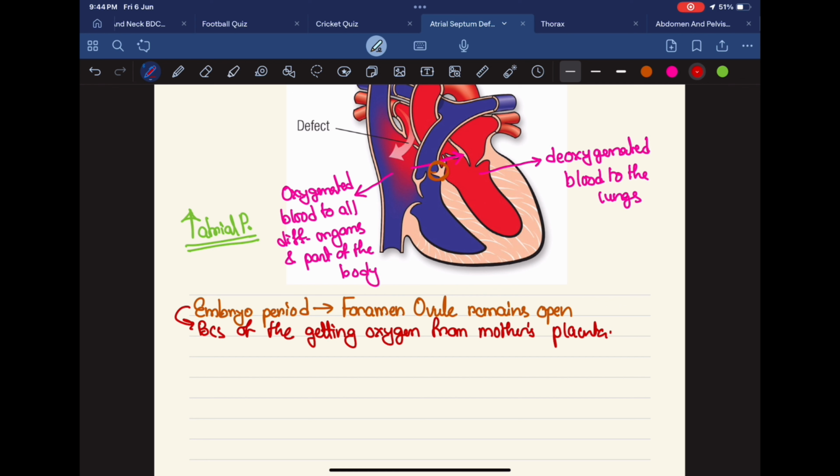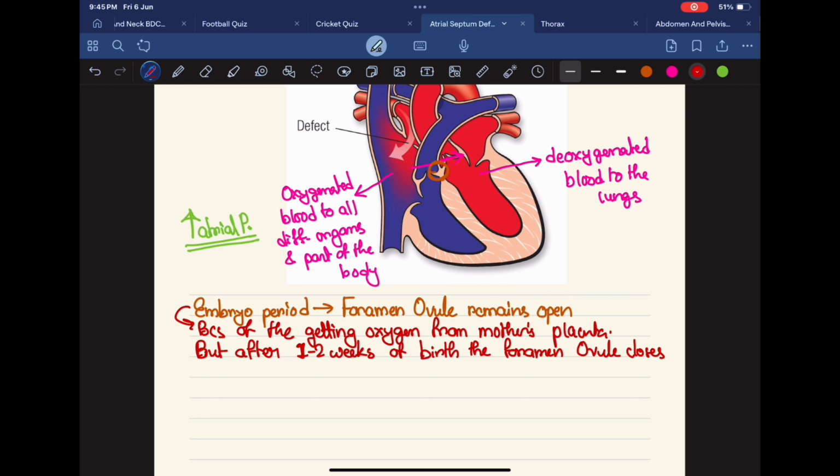So what can I write? After 1 to 2 weeks of birth, the foramen ovale closes.